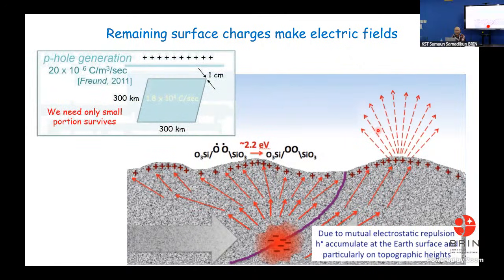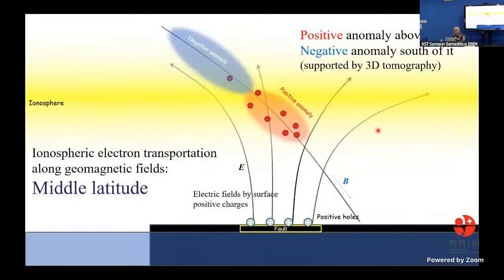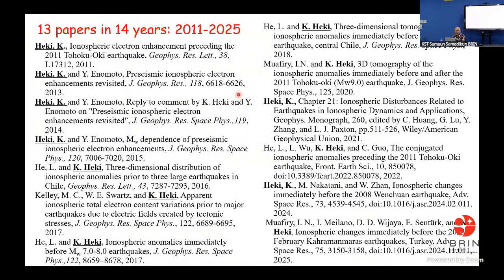And I can estimate how much electric charge may come from the depths and how large the electric field is. Then it may reach the ionosphere and redistribute the ionospheric electrons along the geomagnetic field. So I think this is what we are observing. And I have written many papers already. And if you are interested, you can download some of those and read.